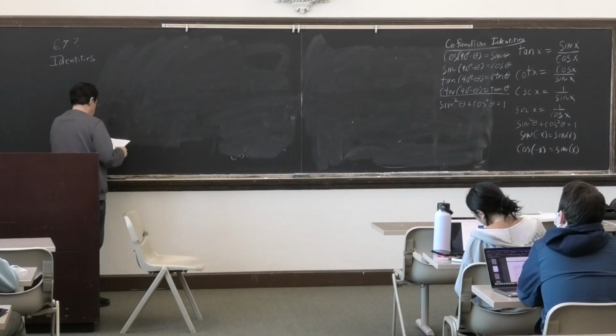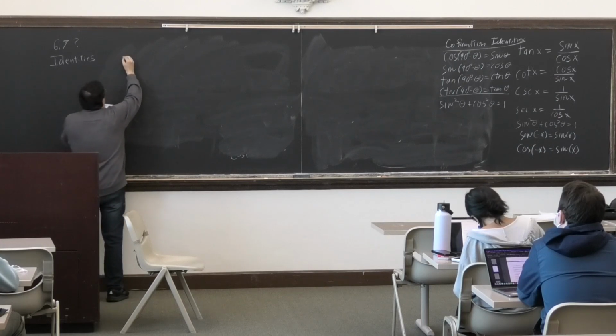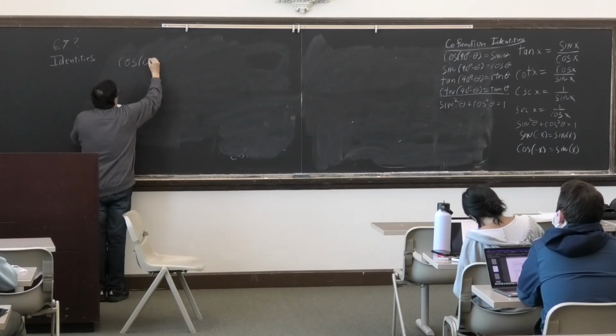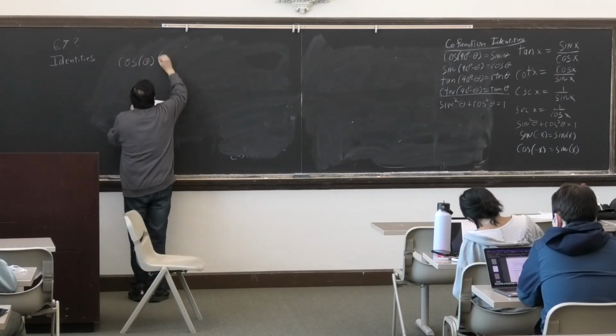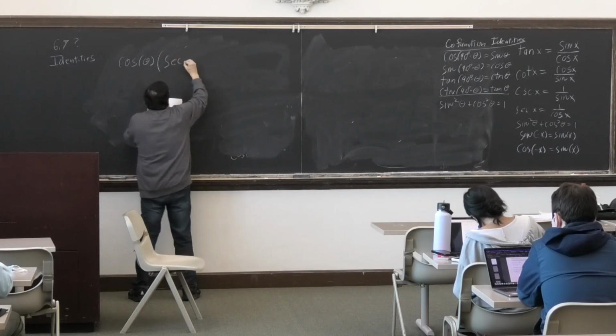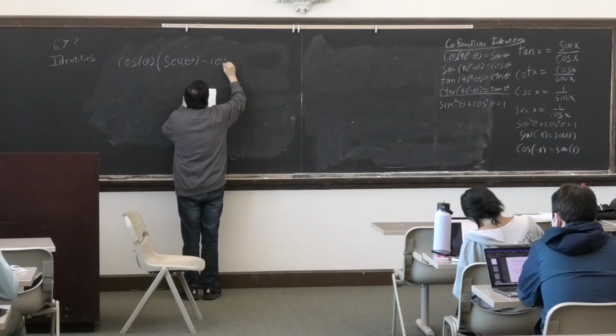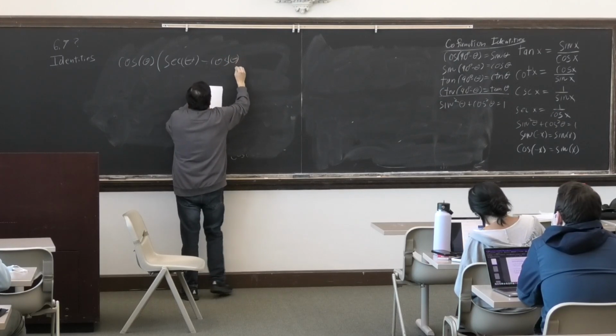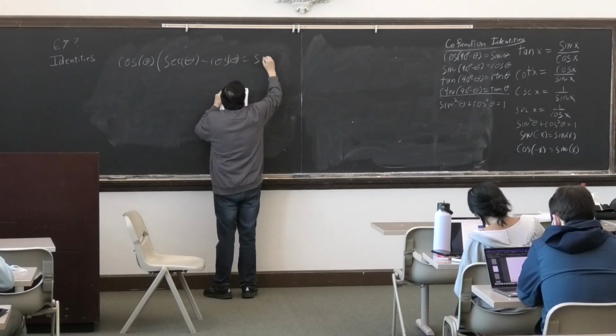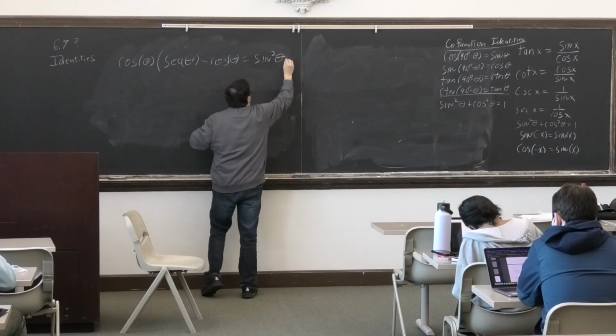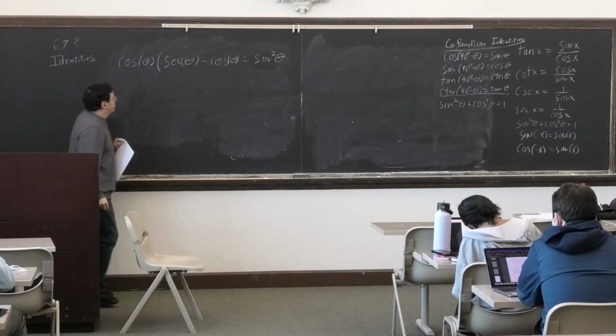Okay, so the proposition here is cosine theta times secant theta minus cosine theta equals sine squared theta. All right, let's give this a try.